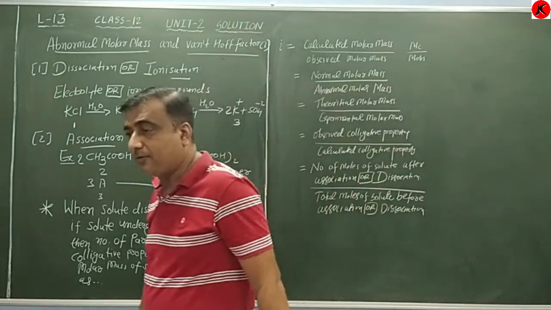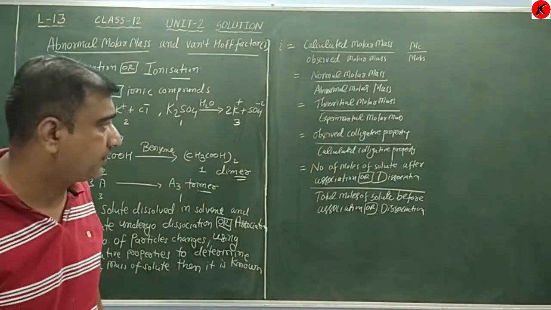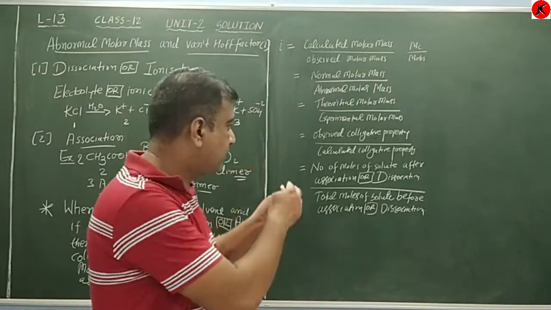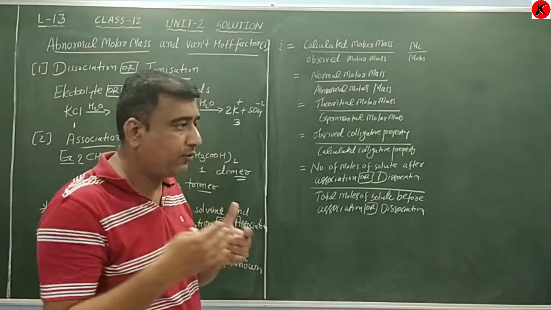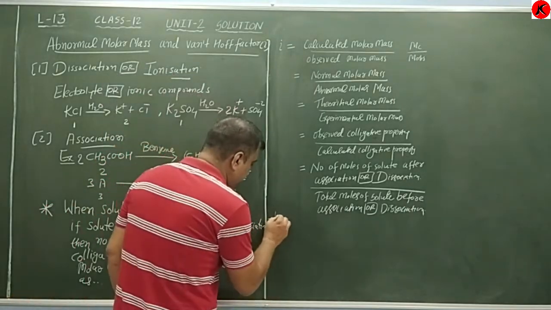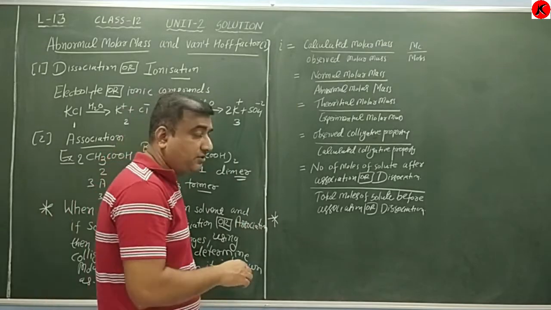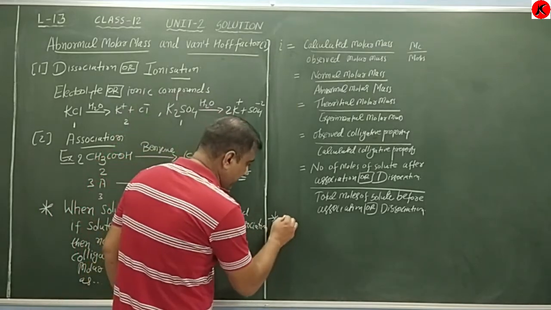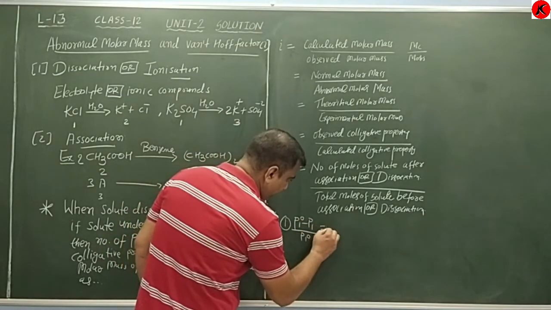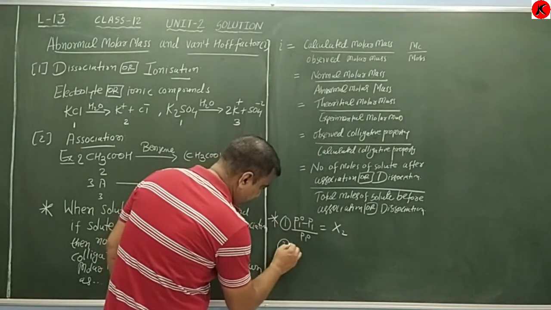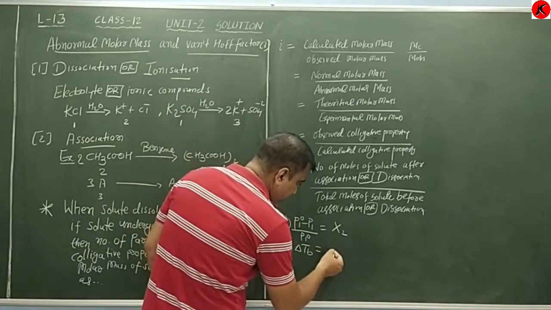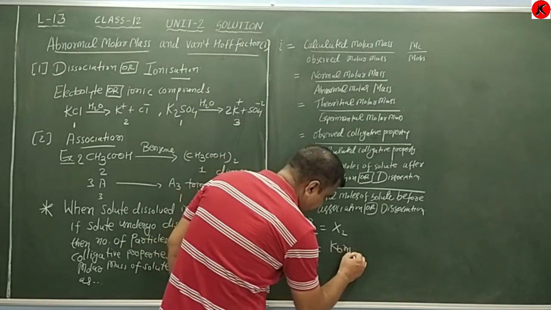Now suppose we want to calculate the correct molar mass, then we have to change the formula of colligative properties. If we know the solute undergoes dissociation or association, then the formula changes, that means the colligative properties change. So the first one is P1 0 minus P1 upon P1 0 equal to X2. Second colligative property, elevation in boiling point: delta Tb equal to Kb into m.